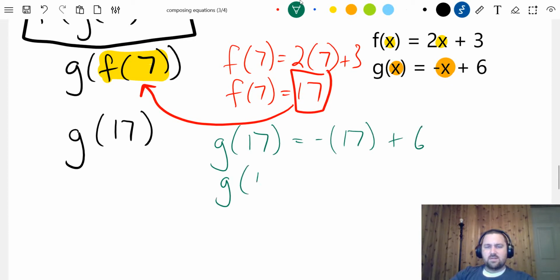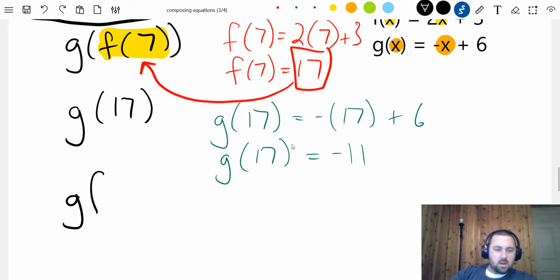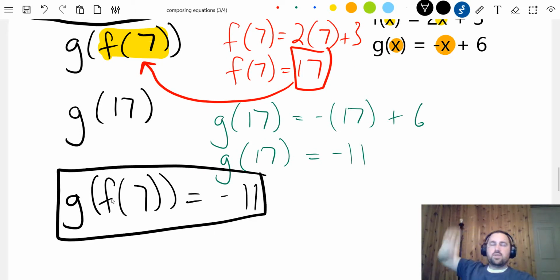Compute that: g of 17 is equal to negative 11. Therefore, g of f of 7 is equal to negative 11. We got that by doing two rounds of evaluating functions, starting with the inside.